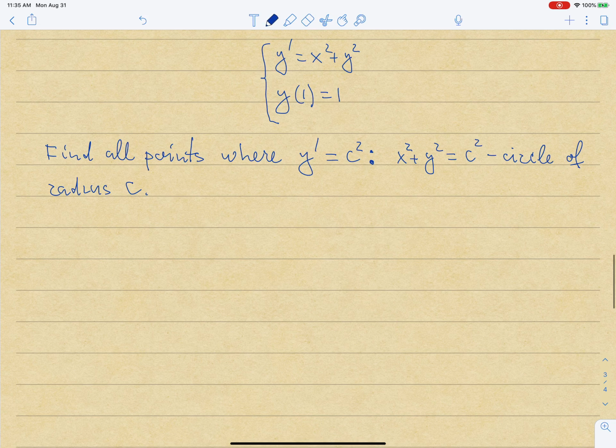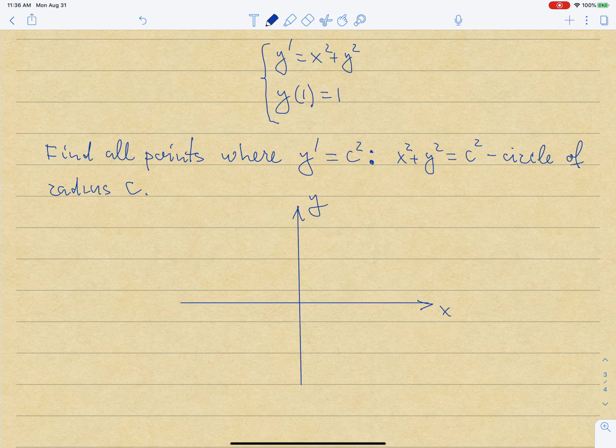All right, so let's try to sketch the direction field. X-axis, y-axis. Okay, so we can have c equal to 0.